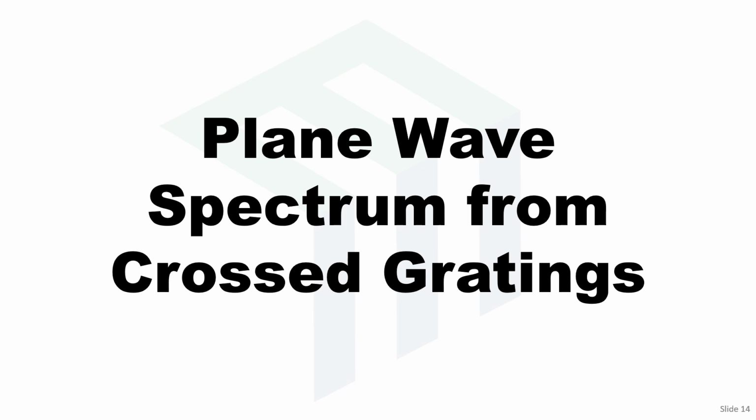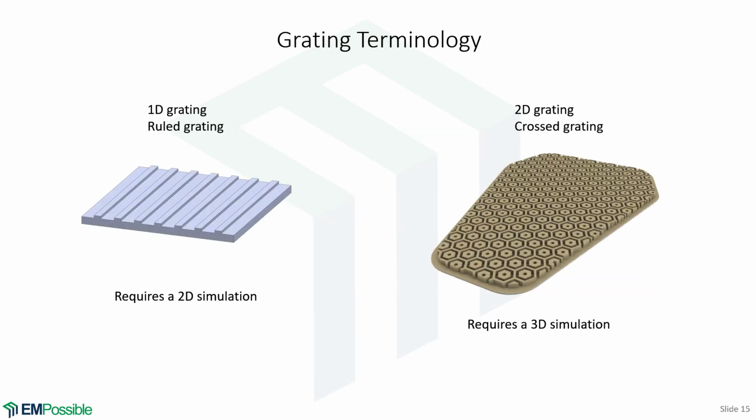Let's think about the plane wave spectrum from crossed gratings. Some terminology is very confusing, so it's summarized here. We've been talking about ruled gratings. Sometimes these are called a 1D grating because they're periodic only in one dimension. They're periodic in this direction.